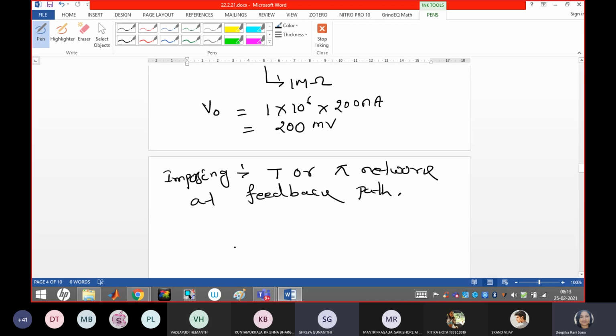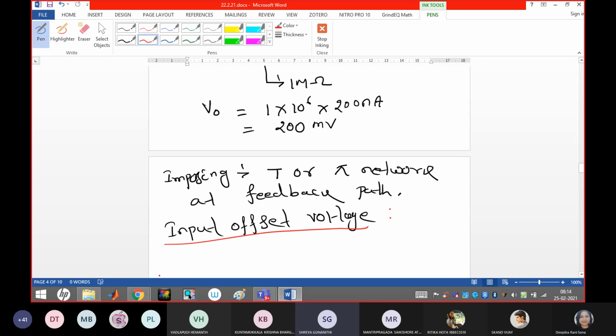Okay, guys. The next parameter in the DC characteristics is input offset voltage. So what is input offset voltage?